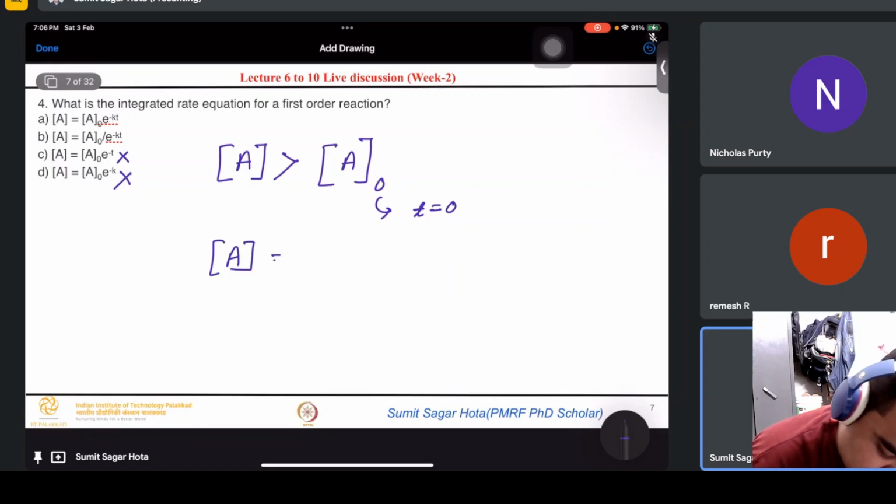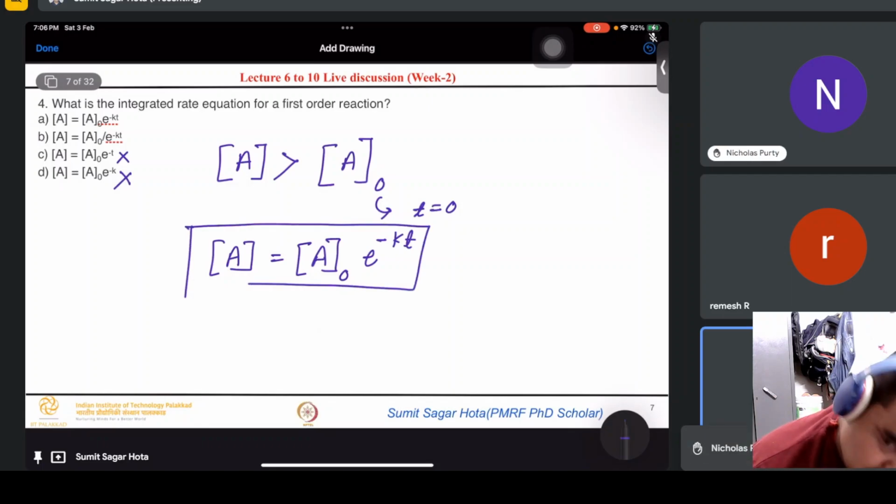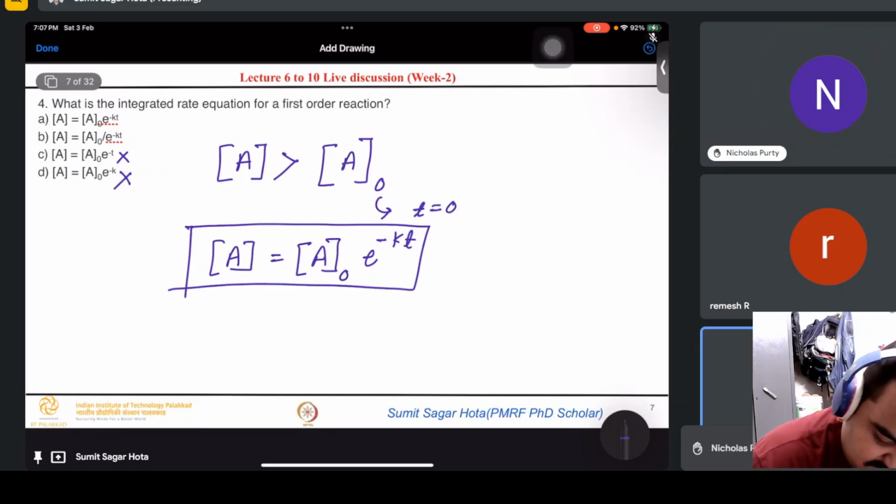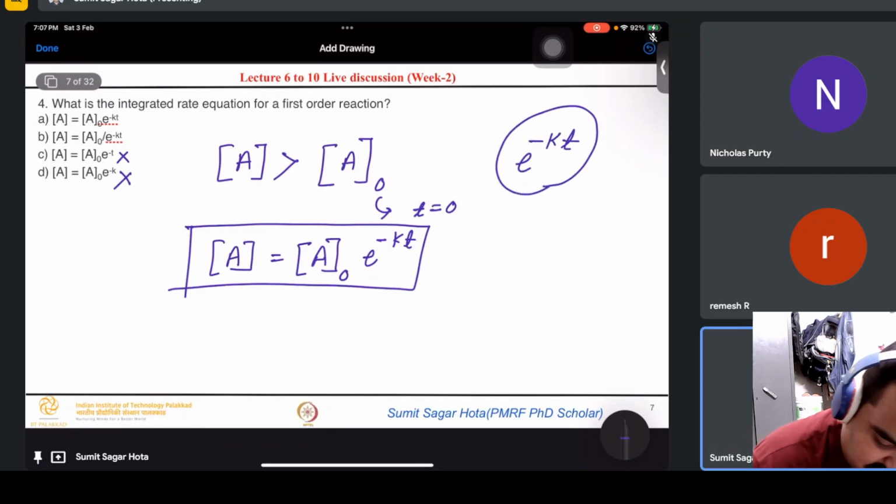Yes, ask the question if you have it. The concentration should decrease, right? If A is the reactant, A should be less than a naught. Yes, actually it means the same thing, because the term e to the power minus kt means it's a kind of decreasing thing.